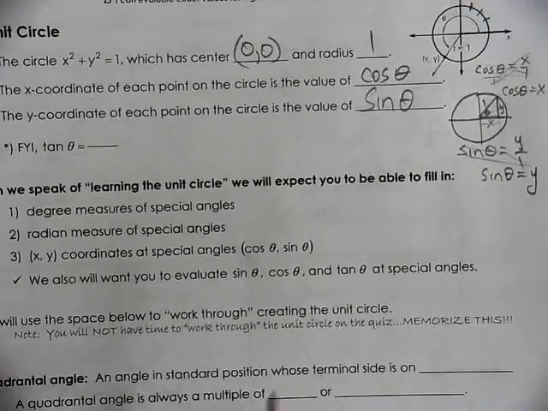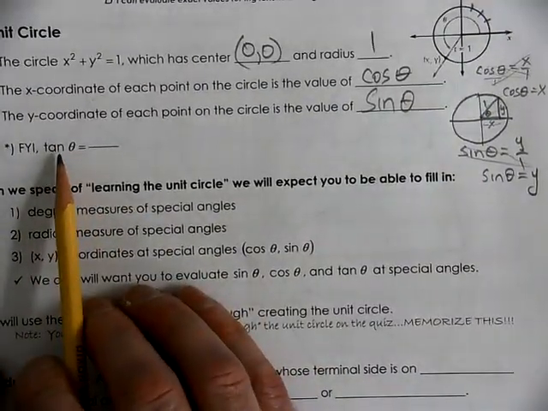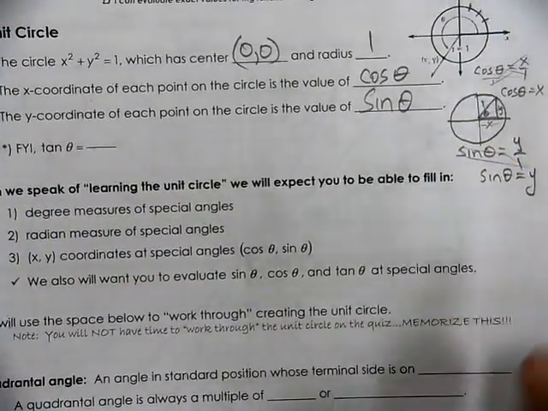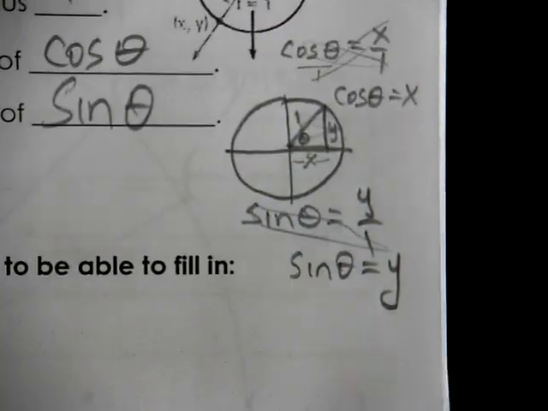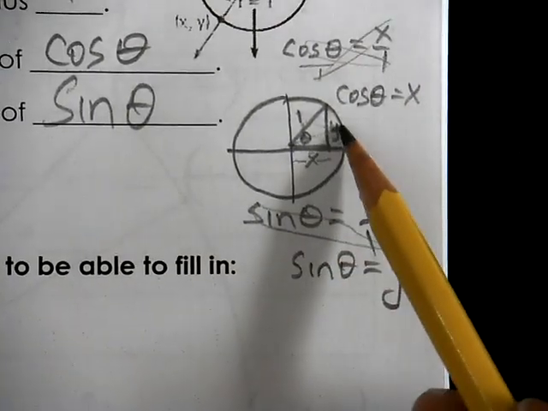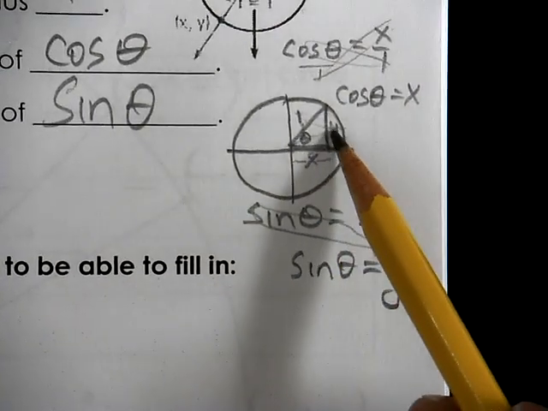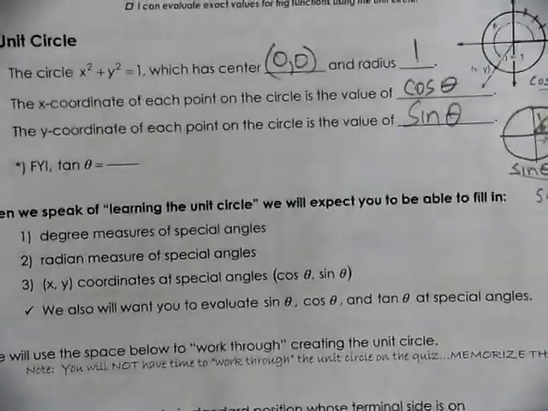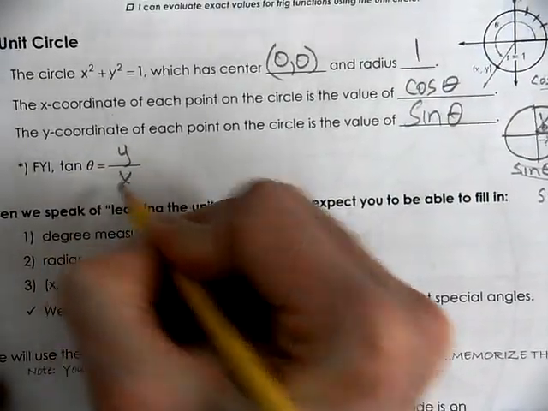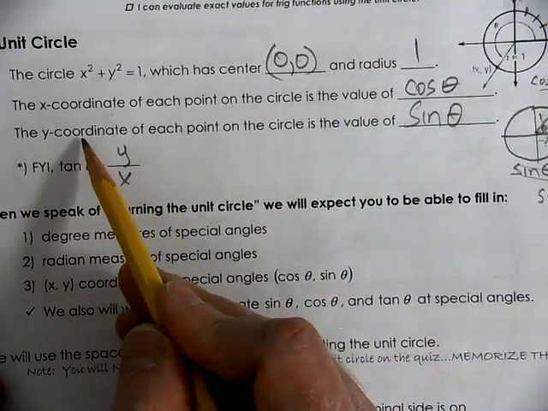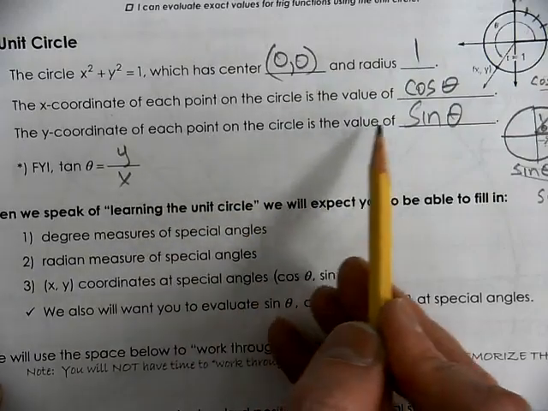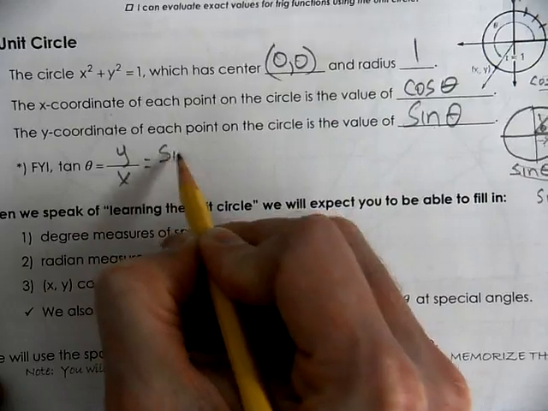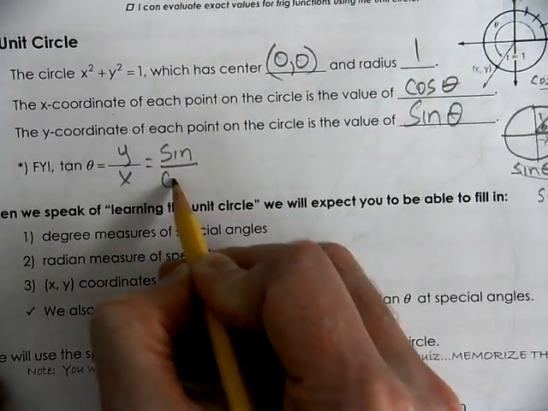Using this theory, how are we going to do tangent? Coming back to here, what would tangent be? Tangent, we know, is opposite over adjacent, so that's going to be the y value over the x value. So we have y over x, but haven't we defined what y is? Y is sine over cosine.